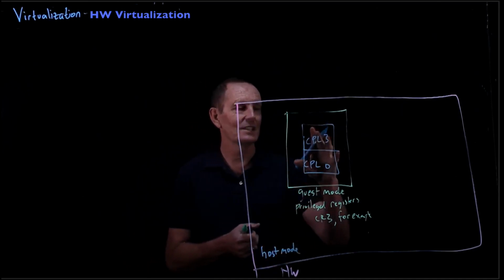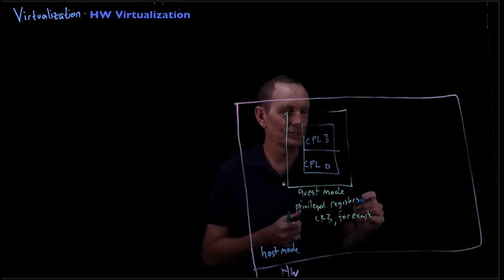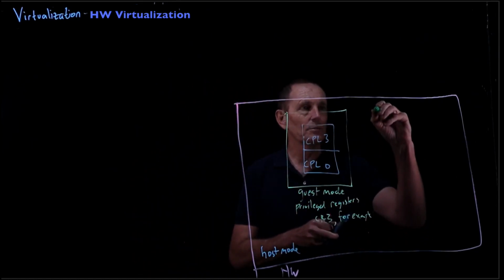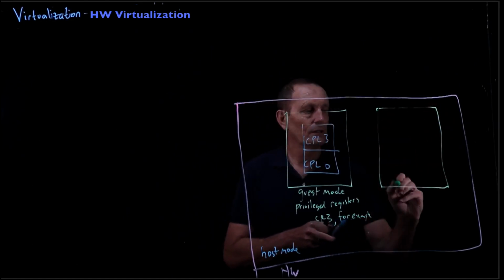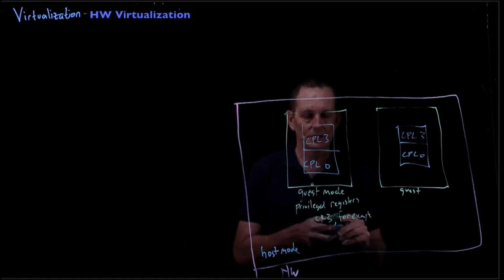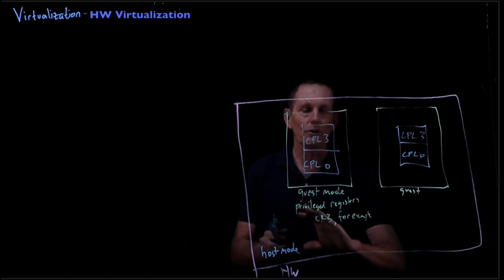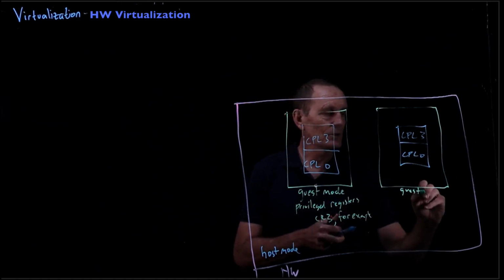And this host mode, in some sense, is a higher privilege level outside of the CPL0. So we could have multiple guests, each with their own CPL0 and CPL3. And then there's a way to go in and out of this host mode into guest mode.